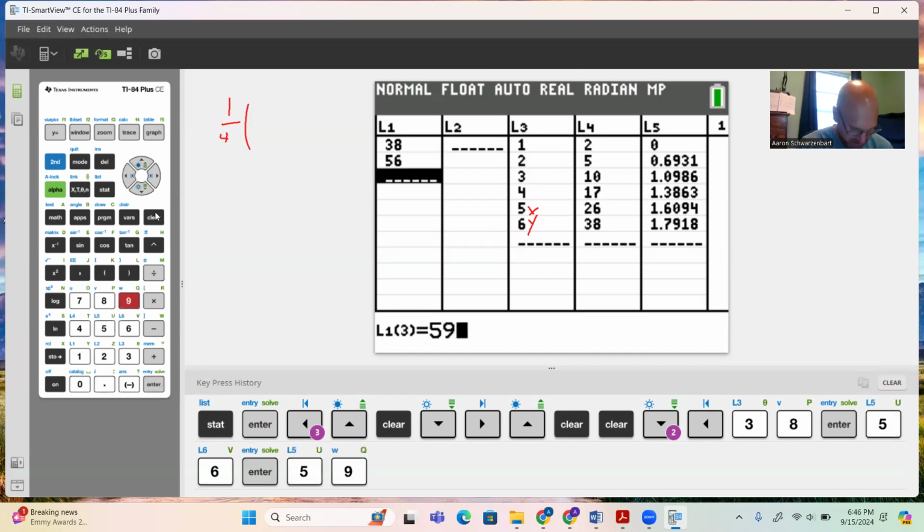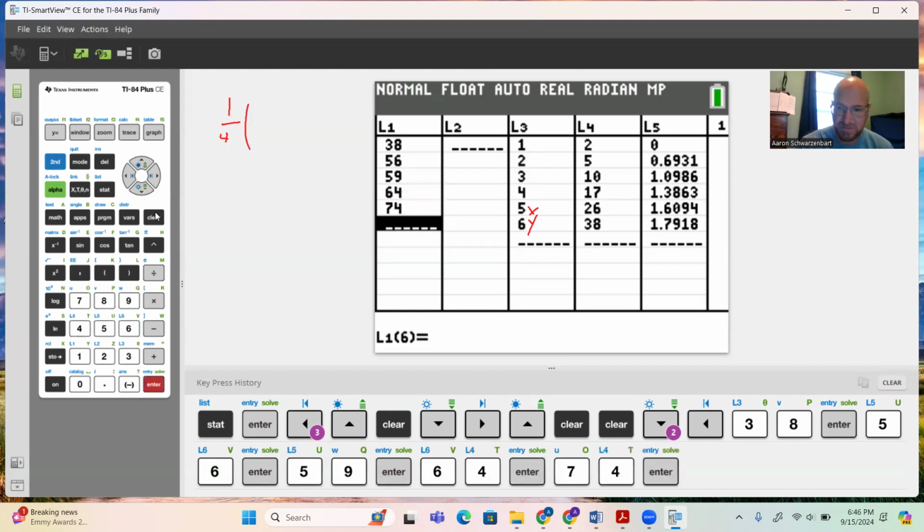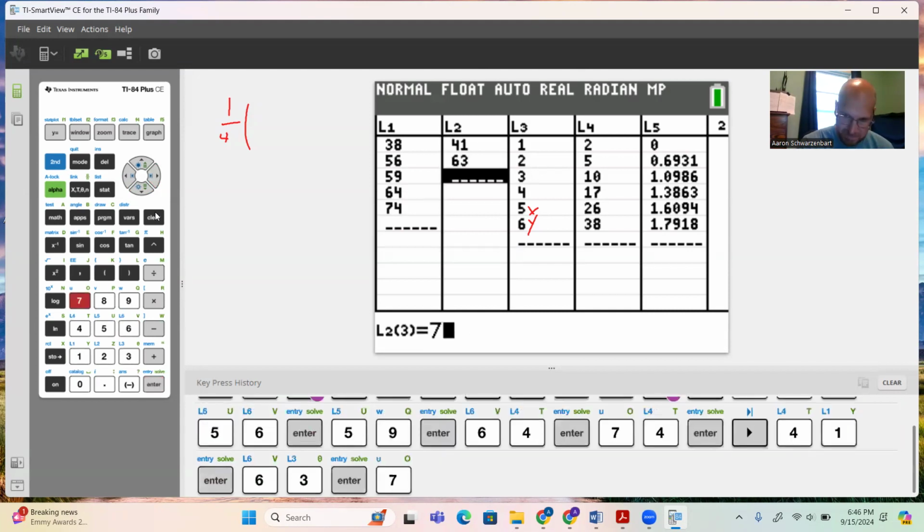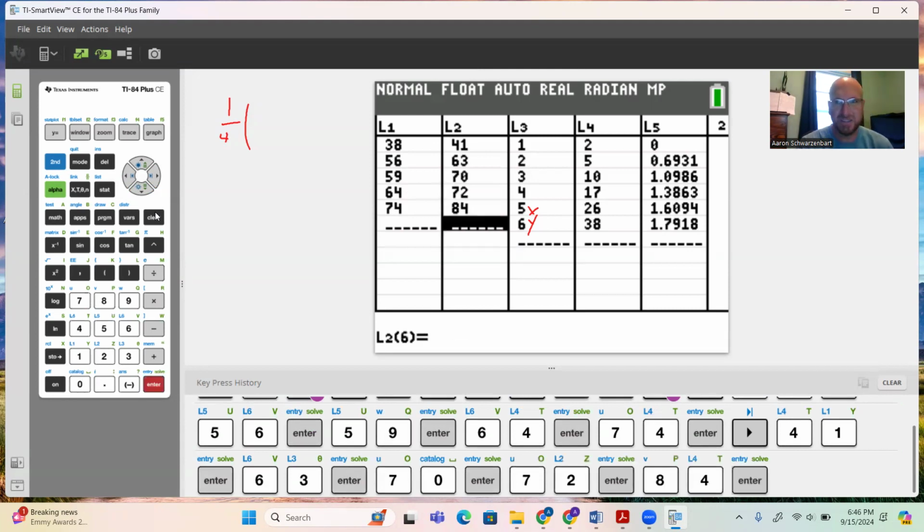Six, 64, 74. And these are dinosaur bones, the Archaeopteryx, based on fossils that have been discovered.